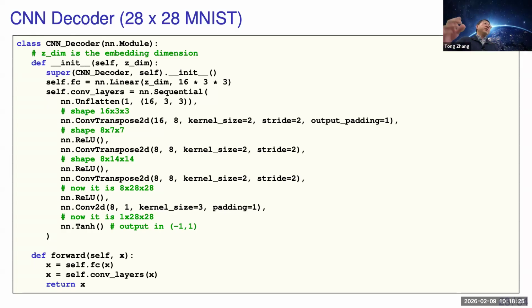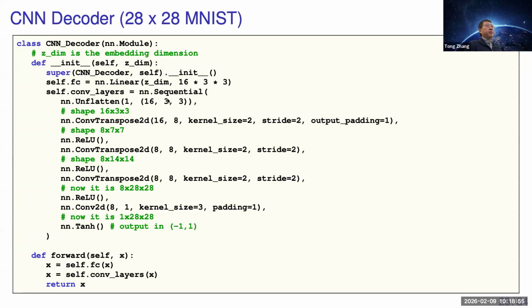If a linear layer goes from a high space like 16 by 3 by 3 to a low dimension, let's say 2, and goes back, it's like PCA. You are compressing something, keeping only the most prominent directions, not all the information. So it's not an inverse. It's more an approximate inverse in the sense of shape matching.